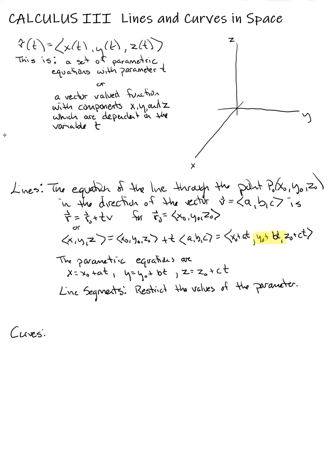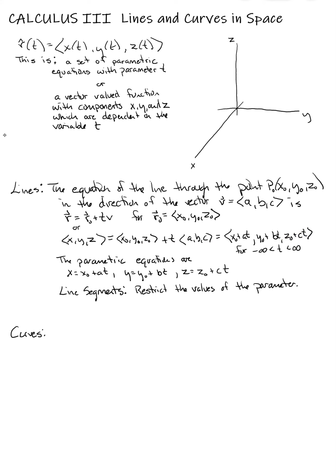And then for the second coordinate, it's y naught plus t times b. The third component is z naught plus t times c. So it's just using those vector operations, multiplying by a scalar and then adding two vectors. And for all of these, I do want to make note that our t values could be any real number. So t could pretty much be anything.